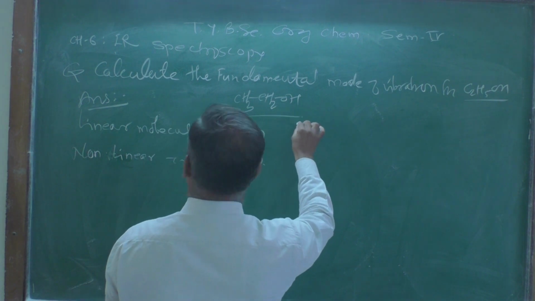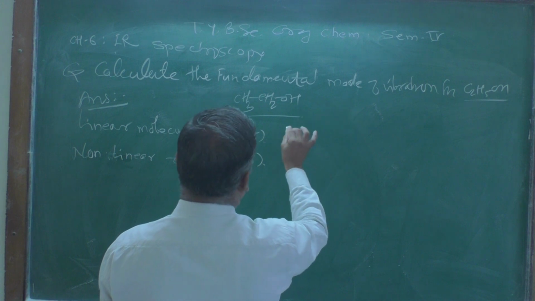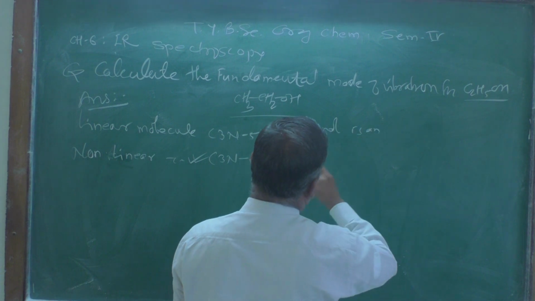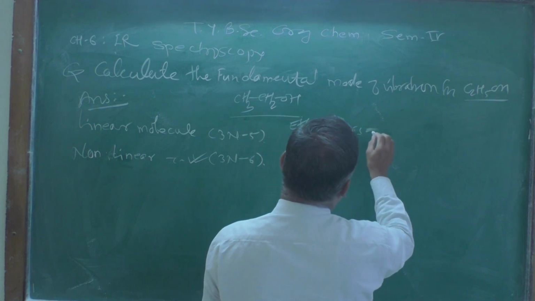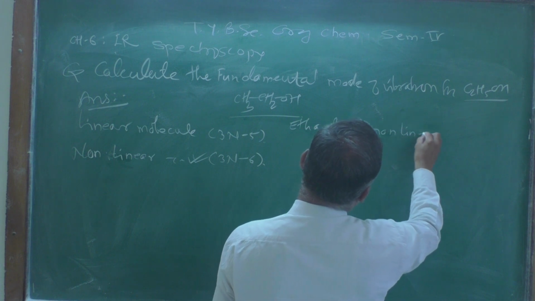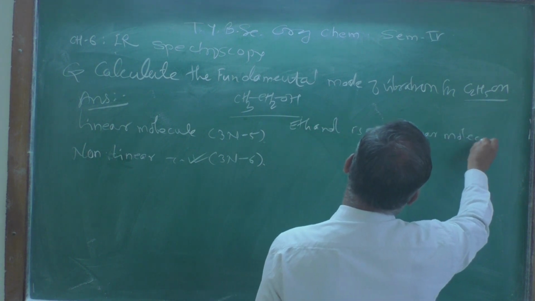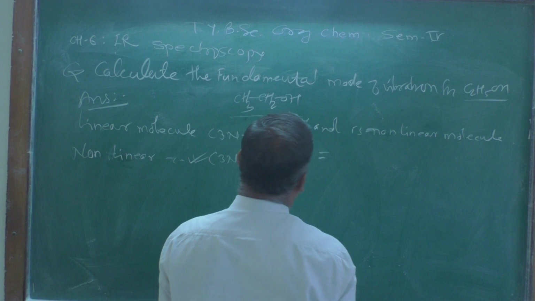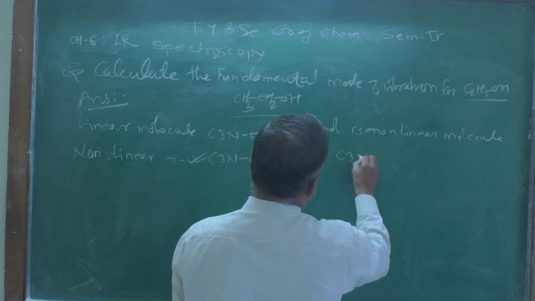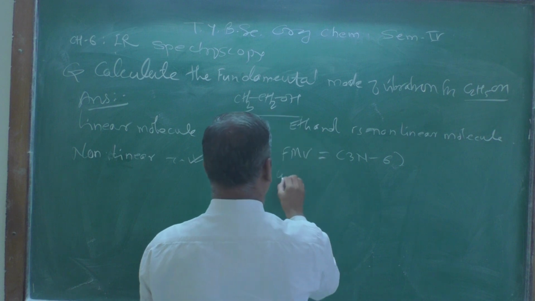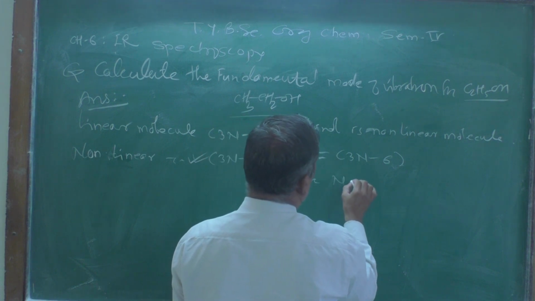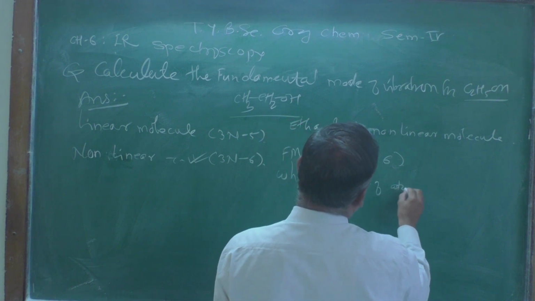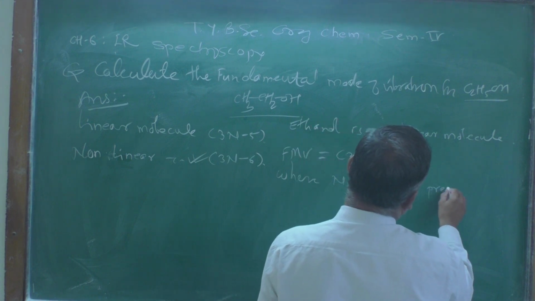Here you just write it. Ethanol is a non-linear molecule, and therefore the number of fundamental modes of vibration will be 3n minus 6, where n is the number of atoms present in the molecule.